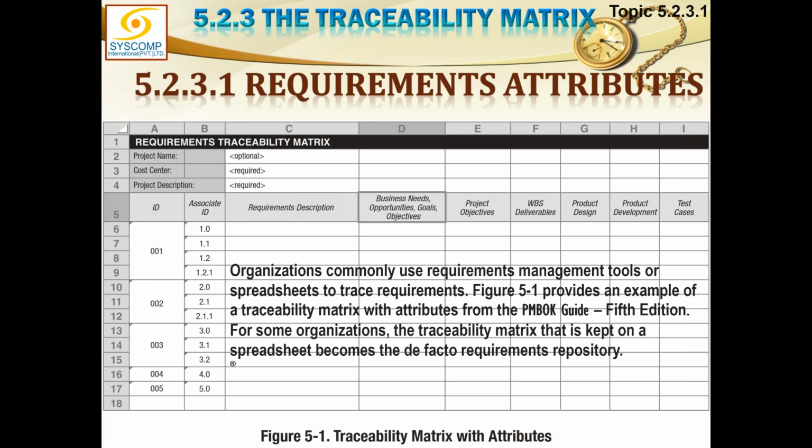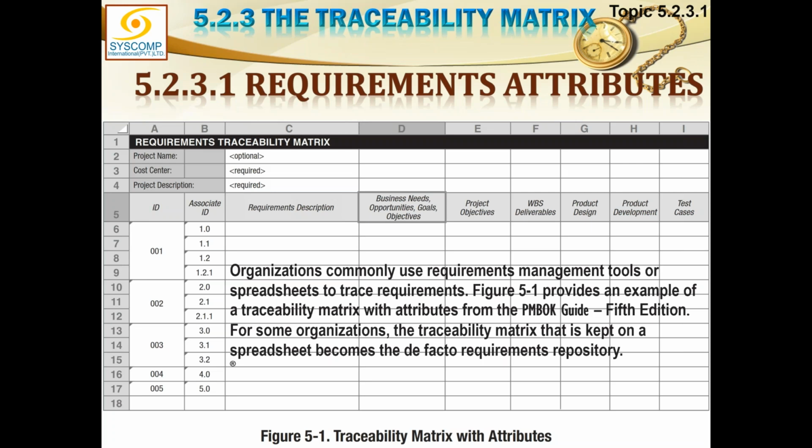These are general information about the requirement traceability matrix. And then we have got the specific attributes defined for each requirement. For example, the requirement ID 001 has associated ID of 1, 1.1, 1.2, 1.2.1 and so on. Then in the column of requirement description, a brief description of what this requirement stands for.